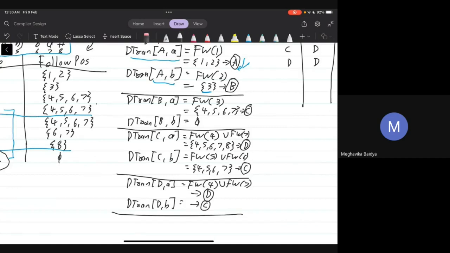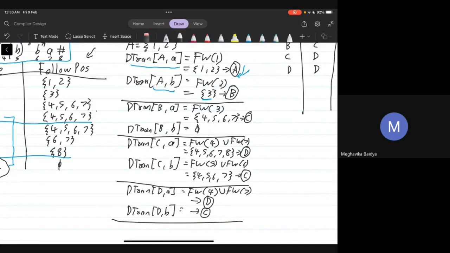In A, B, C, D, which includes 8? This one, Dtran of D comma A, that is D again. In which transition does 8 belong? D. So you put a circle here saying that it's a final state.